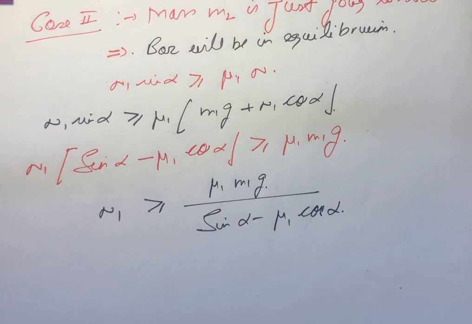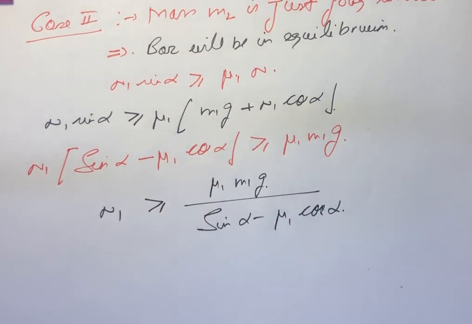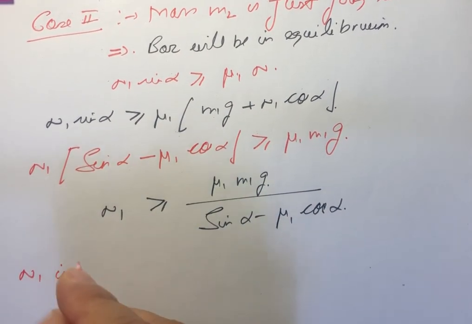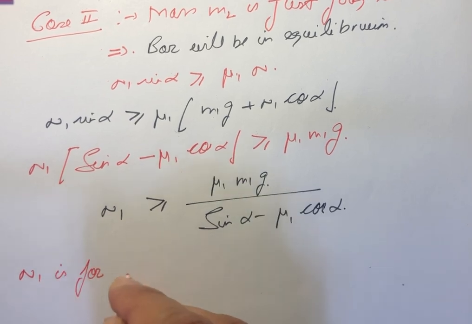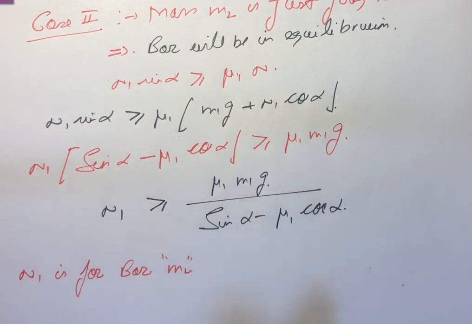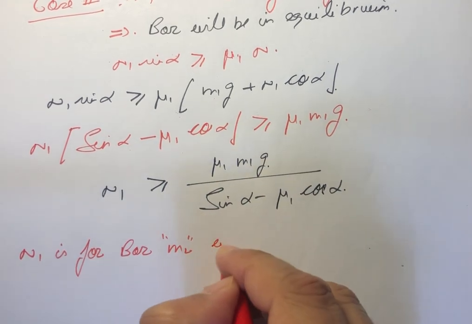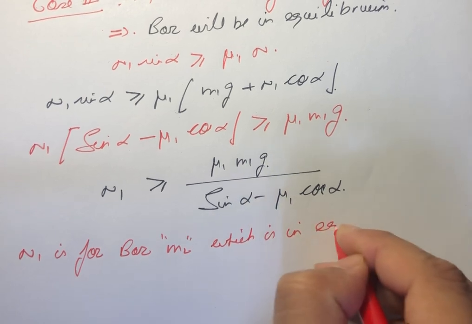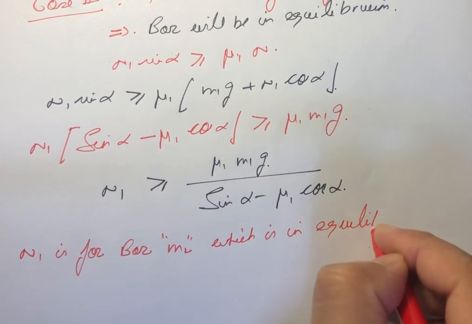And in this case the value of n1 we are going to take is for the bar m2 which is in equilibrium.